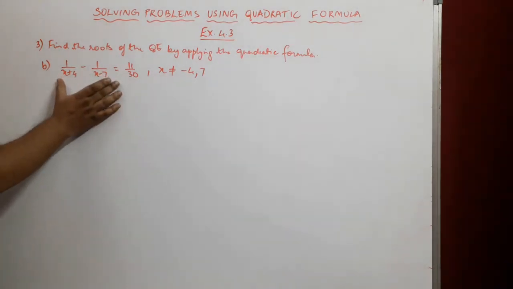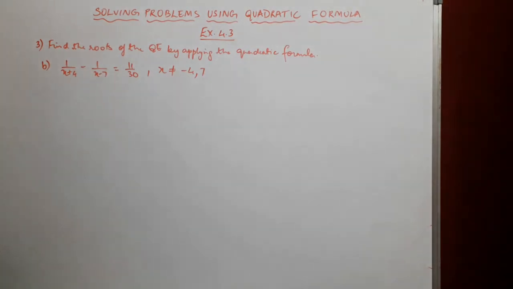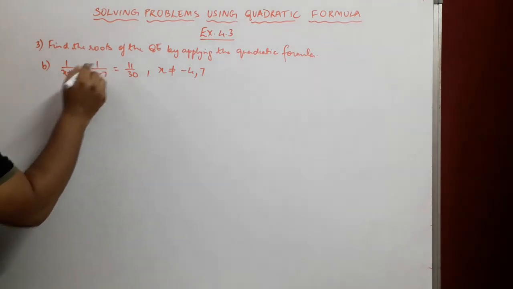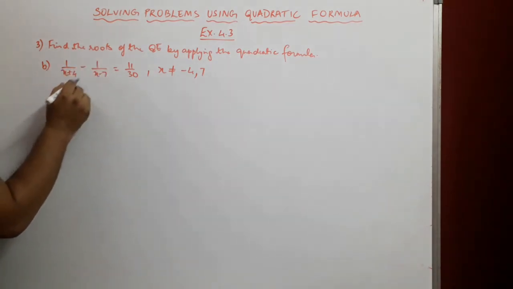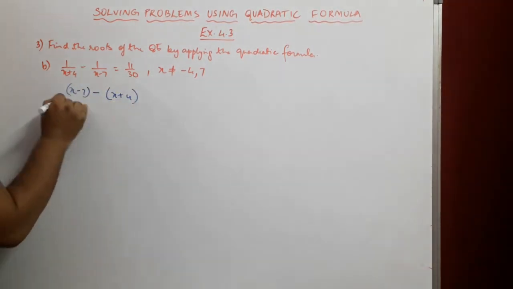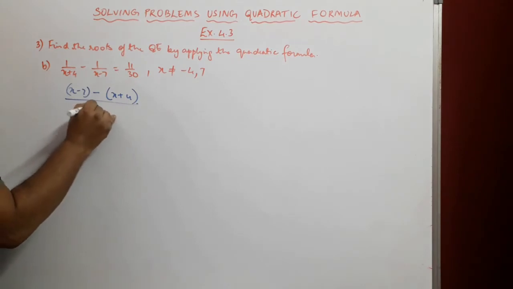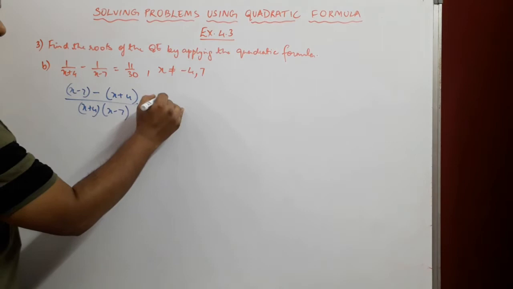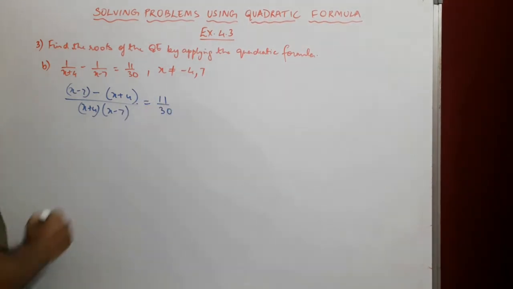Let us first bring this into our quadratic equation form. For that, we have to remove the LCM. So we take the LCM, x plus 4 will multiply and x minus 7 will multiply with 1. So x minus 7 minus x plus 4 whole thing upon x plus 4 into x minus 7 equal to 11 upon 30.